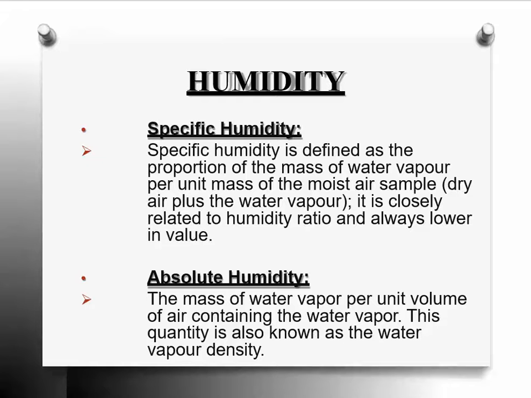Let's start with the specific humidity. The specific humidity is defined as the proportion of the mass of water vapor per unit mass of the moist air sample. It is closely related to the humidity ratio and always lower in value.